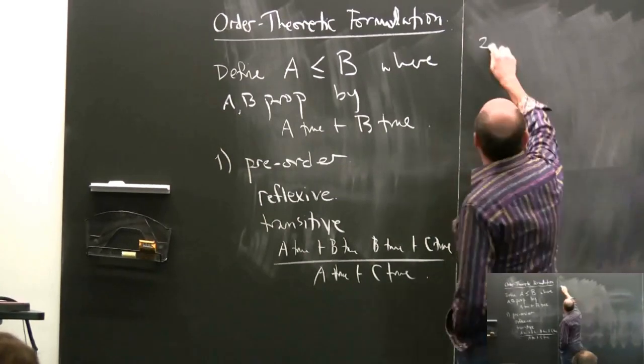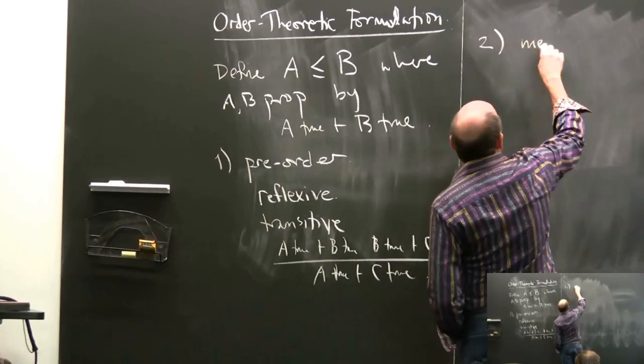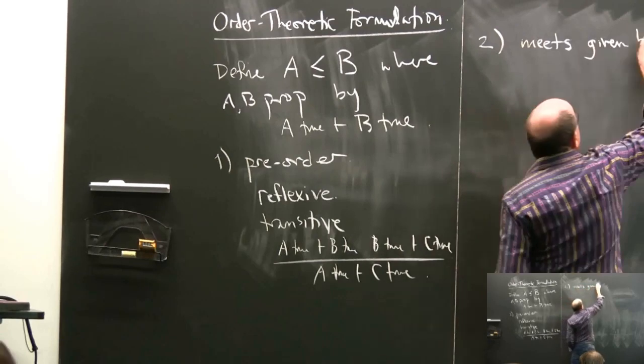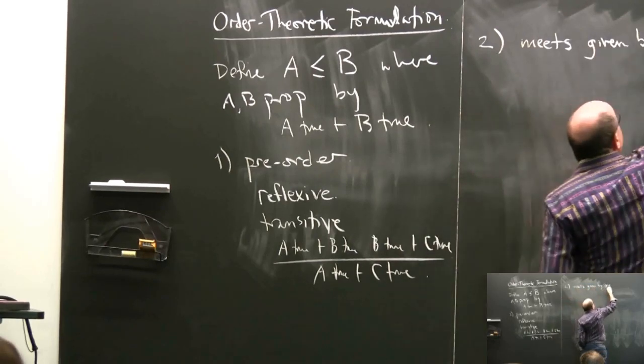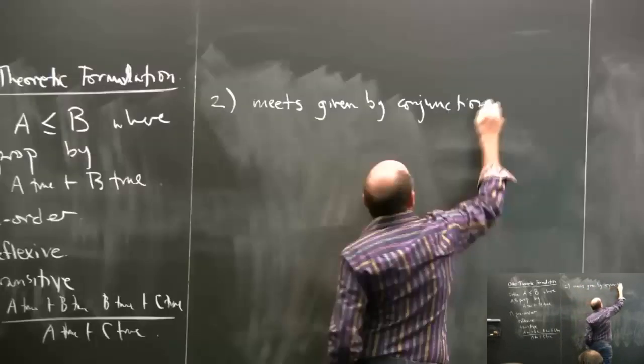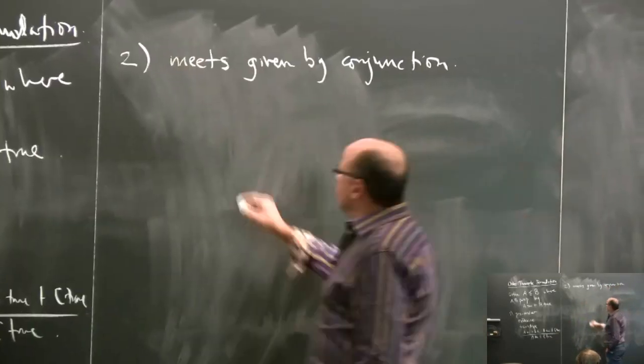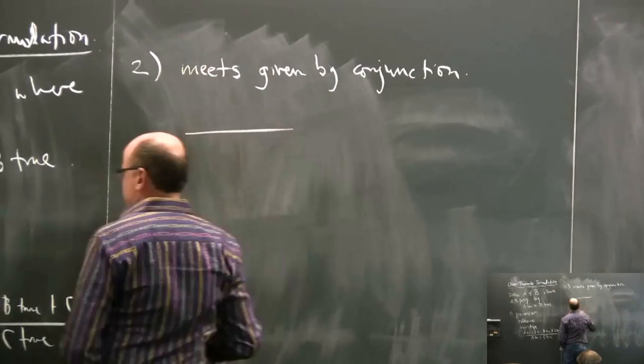The second fact is we have meets given by conjunction. So the notation for the conjunction is that we have meets, or greatest lower bounds. What does that mean? Let me write it out order theoretically so that it looks nice for you.